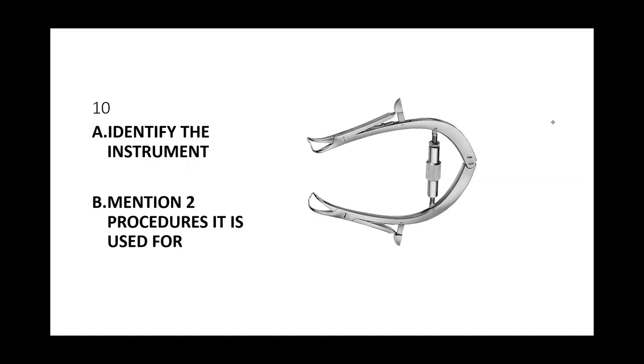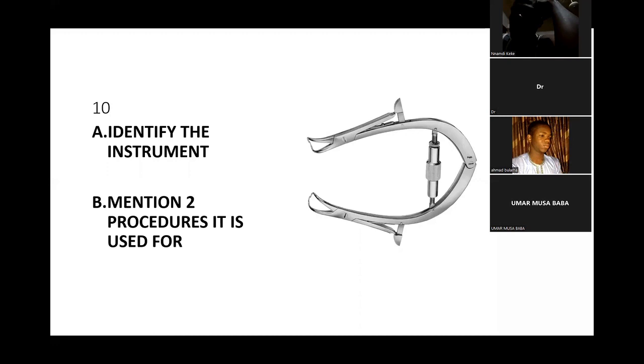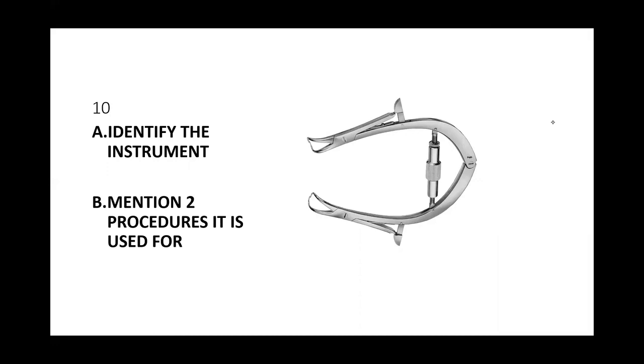The question said mention 2 procedures it is used for. Thyroidectomy, and what other surgery? Tonsillectomy? No. Tonsil is in the mouth. You open the mouth. This is in the neck. What other surgery do you use this for?